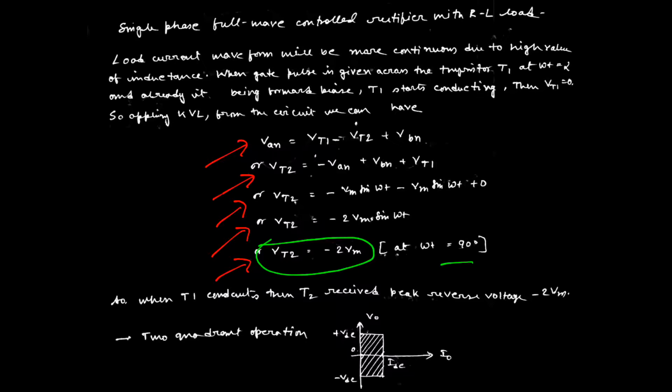As an inductive load is there, during the positive half cycle of the supply voltage, the inductor gets energy from the supply and stores energy inside it, and the stored voltage across the inductor will reach up to the maximum point, that is supply voltage Vm. When the inductor is fully charged, it starts discharging. So during charging of the inductor, the supply voltage and the inductor current are both positive. That is why it covers the first quadrant operation.